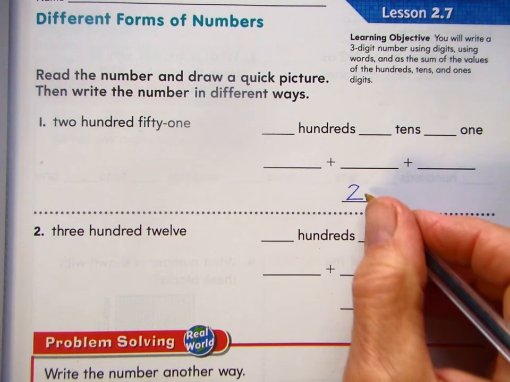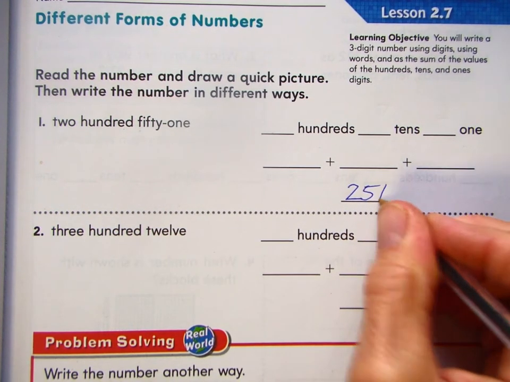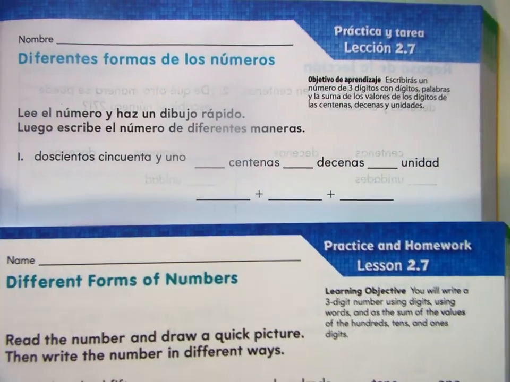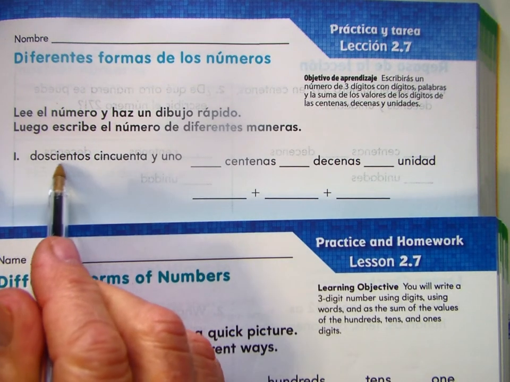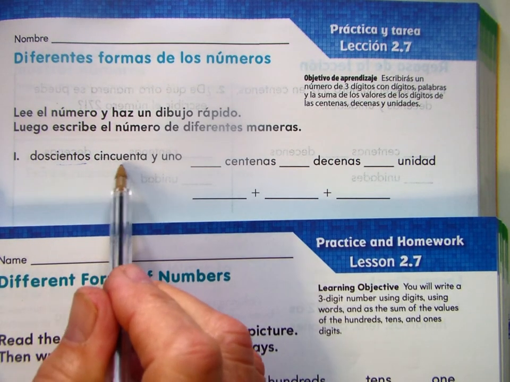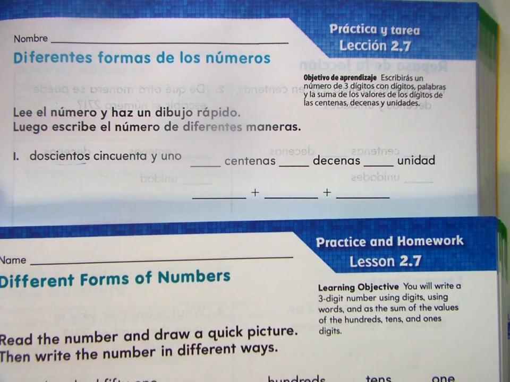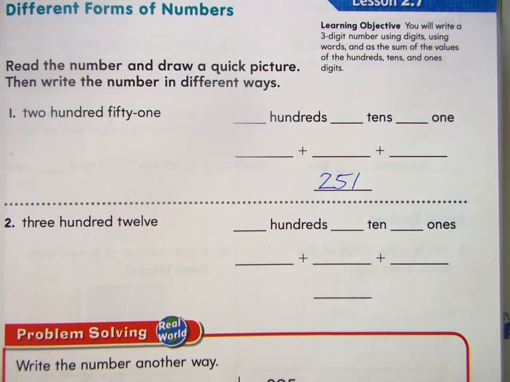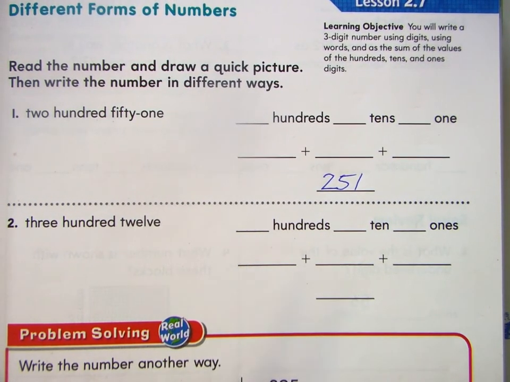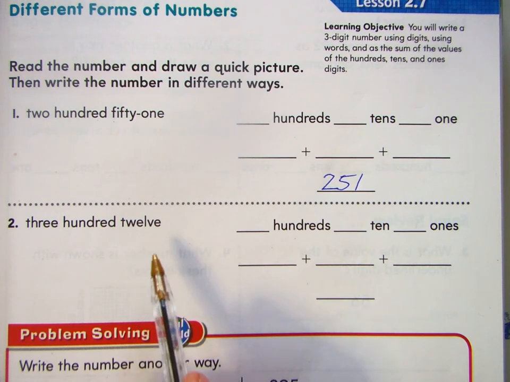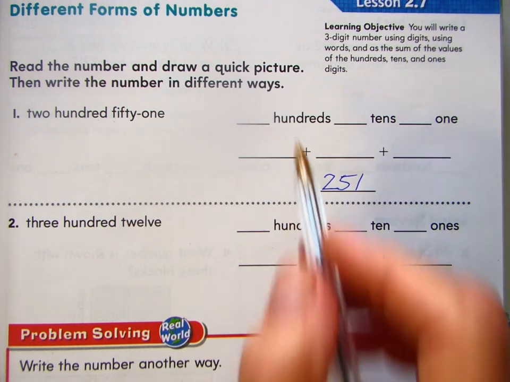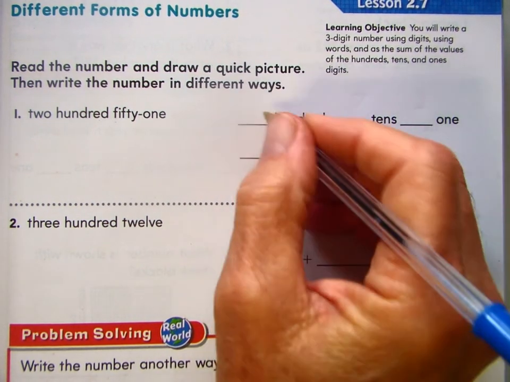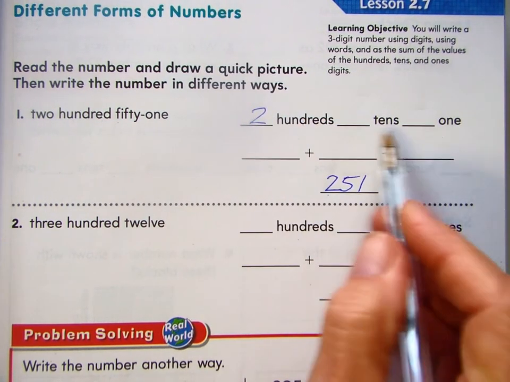Reading 251. Did you read that in Spanish? Es el mismo número. 251. Okay. En español es muy fácil, nomás haciendo los sonidos si tú no sabes la palabra. 251. What do I do next? How many hundreds? ¿Cuántas centenas? 2. ¿Cuántas decenas?